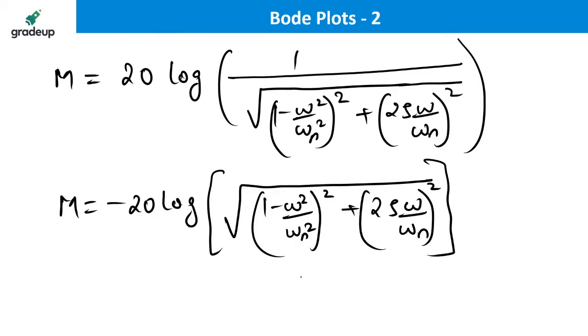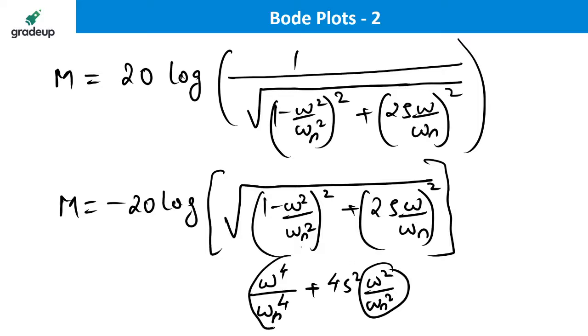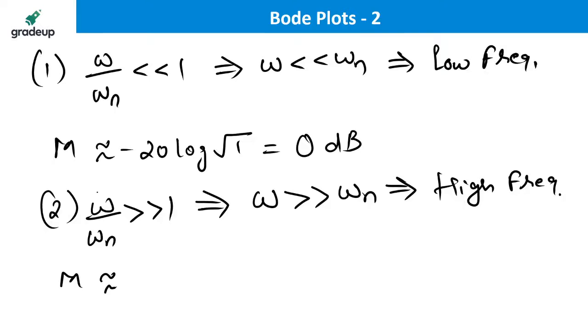Now omega by omega n is much higher. So first of all, 1 will be neglected. So what you get? Minus of omega square by omega n square whole square. Minus gets cancelled by square. So omega power 4 by omega n power 4. And what is here? This will be 4 zeta square omega square by omega n square. So this is power 2 and this is power 4, where the condition is omega by omega n is much greater than 1.